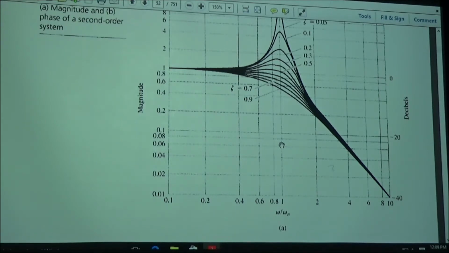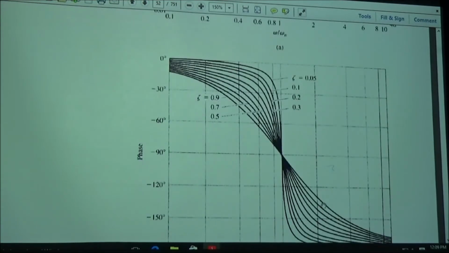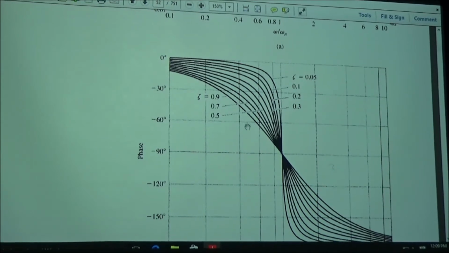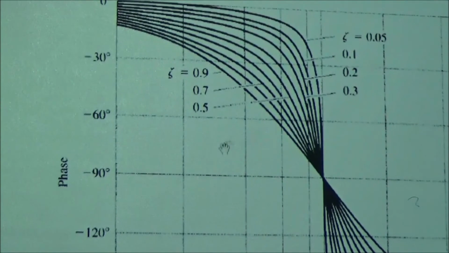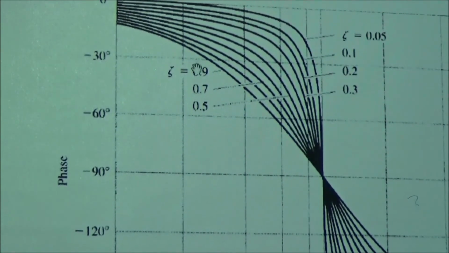So if you have a second order system, your final frequency response, we call that Bode plot, the magnitude of the Bode plot, will have a slope of minus 40 dB per decade. And you also have the phase diagram. A combination of this diagram and the one previously is called the Bode plot. And this is the phase value.